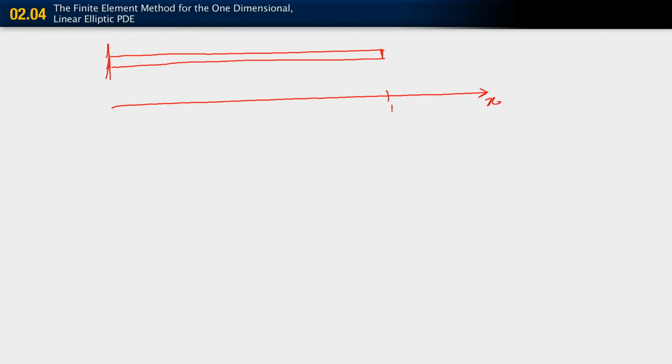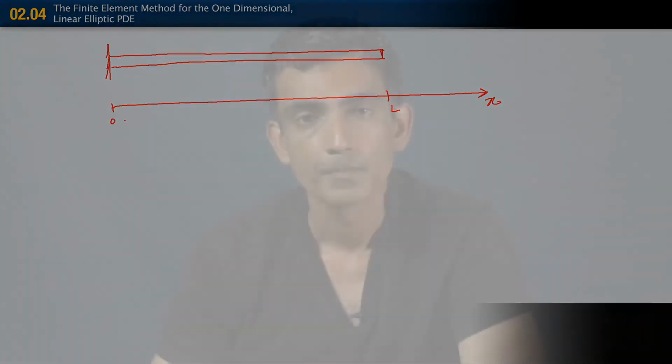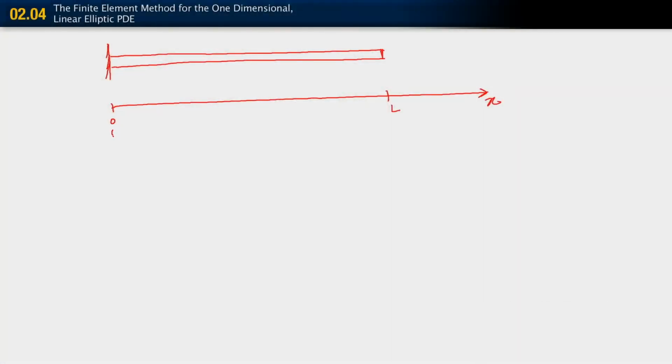That is L, that is 0. Now, for brevity, as well as to make an easy transition to multidimensional problems, I am going to introduce notation here for this domain 0 to L. I am going to write omega is our open interval 0, comma L. Okay, so that is our general domain.